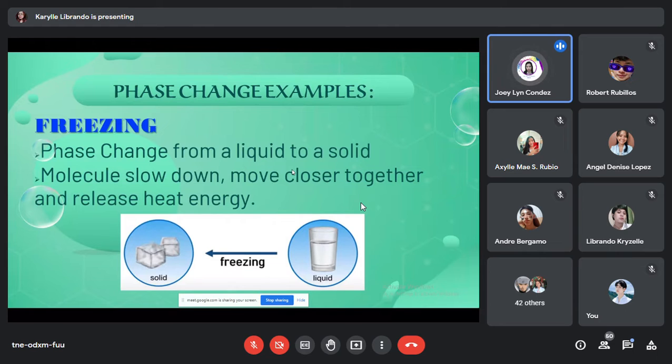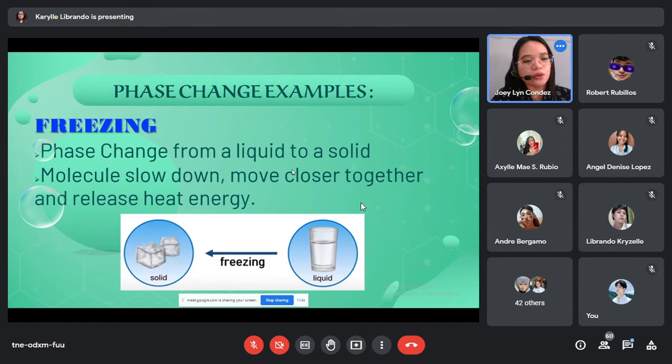We have freezing. So this is a very common phase change. That means from liquid to solid. For freezing, we also remove heat energy. So from liquid, it changes into solid. The molecules here slow down, they move closer together, and they release heat energy.